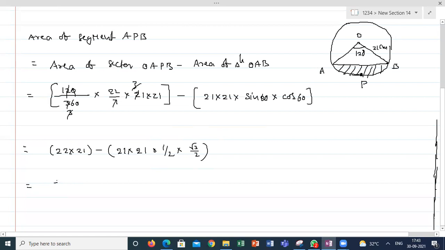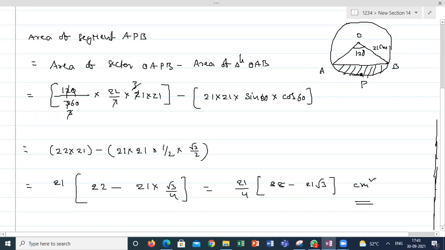If I take 21 common, 22 minus 21 into root 3 by 4. Taking 1 by 4 common, I get 88 minus 21 root 3 centimeter square. This is how we can calculate without doing the whole process.